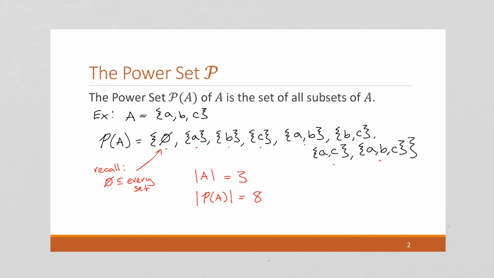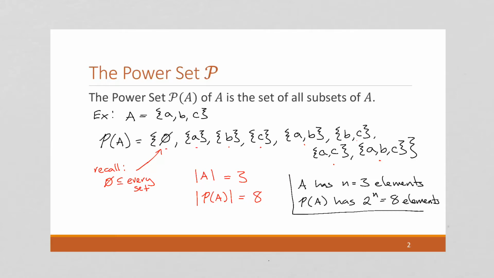So if A has n equals 3 elements, then the power set of A should have 2 to the n, which is 8 elements. So in our little example, this seems to work. Let's do a proof to prove that it will always work.